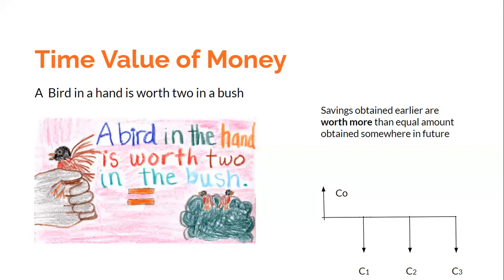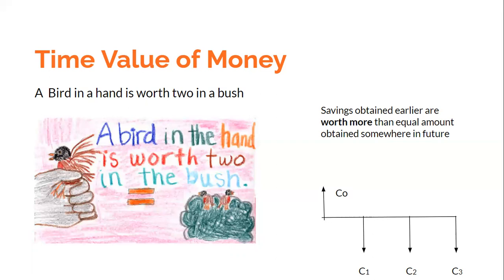C2 upon 1 plus R, bracket square, is the present value of C2, and C3 upon 1 plus R, bracket cube, would be the present value of C3, right? So a correct way of valuing the savings which you would be getting in the future is to apply a discount rate R, the discount factor R, and compute the present value of the cash flows which you will be getting in the future.